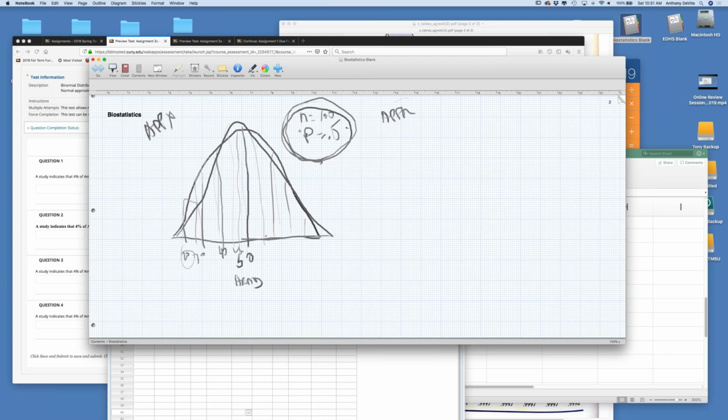So what is the mean of this distribution? The mean is going to be equal to the number of trials times the probability. In this case, that's 100 coin flips times the probability of getting heads, 0.5, which is 50, which is exactly what we would expect. The most likely outcome, the mean outcome, would be 50.